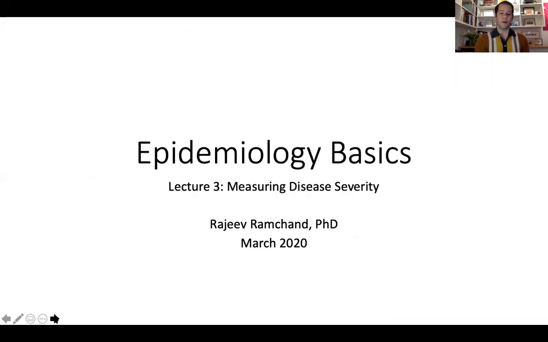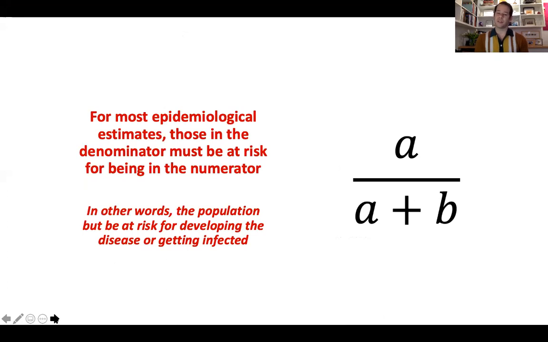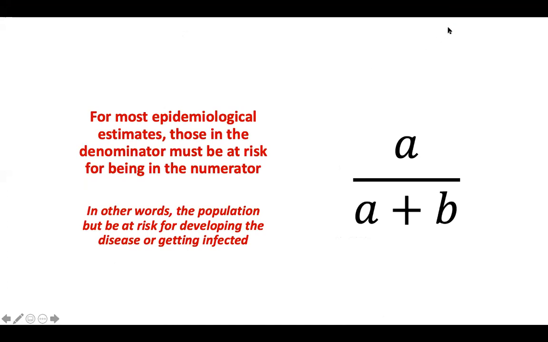Remember that in session two, I shared that for most epidemiologic estimates, we really have to be cognizant of the fact that whoever is in your denominator needs to be eligible for being in your numerator. I want to reiterate that point. It's really important, especially when we're talking about disease severity.